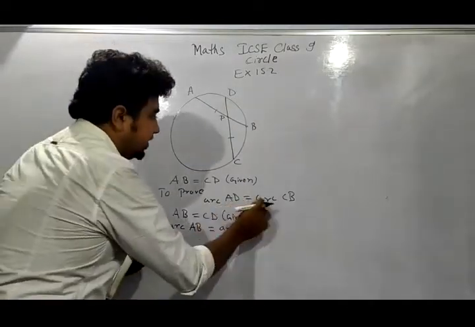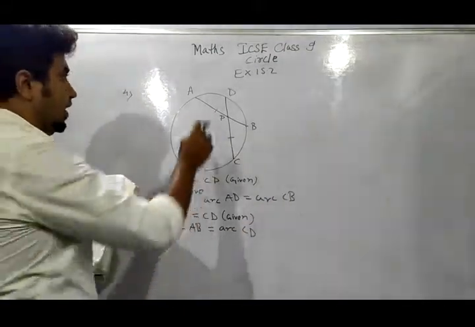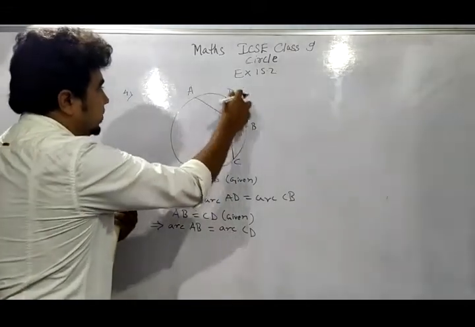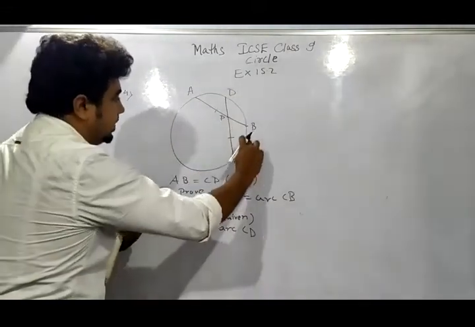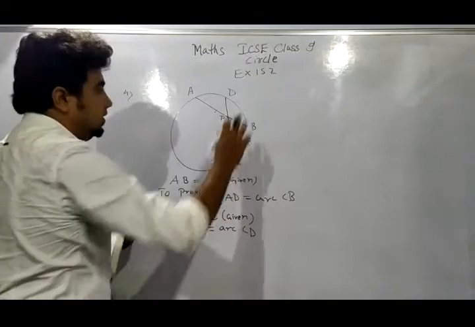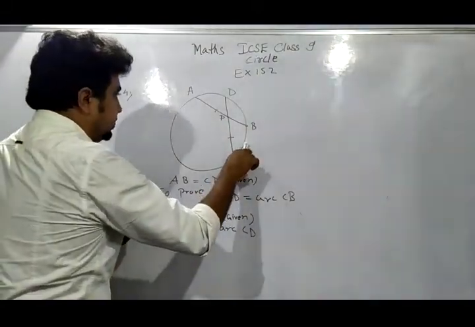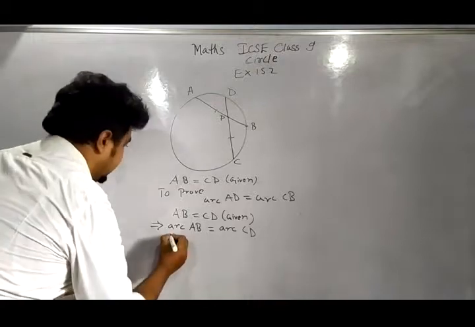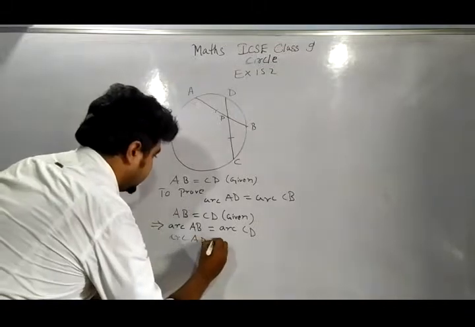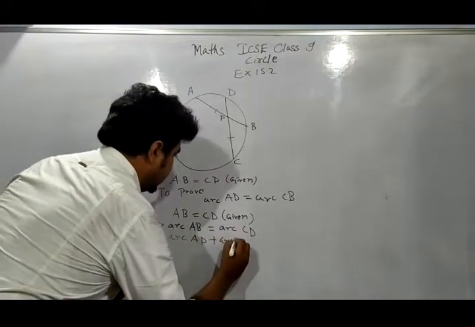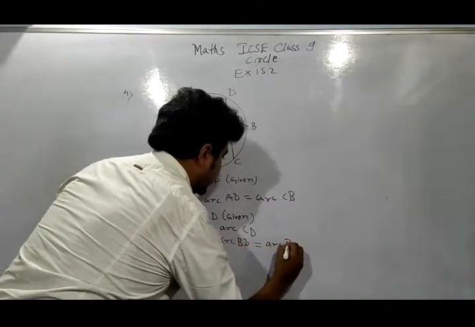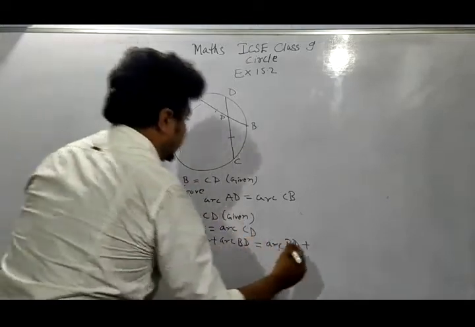But what we have to prove is arc AD is equal to arc CB. I can write arc AD plus arc DB is equal to arc AB, this part plus this part is equal to arc AB. And I can write arc CB plus BD is equal to arc CD. So arc AD plus arc DB, or BD, is equal to arc BD plus arc CB.